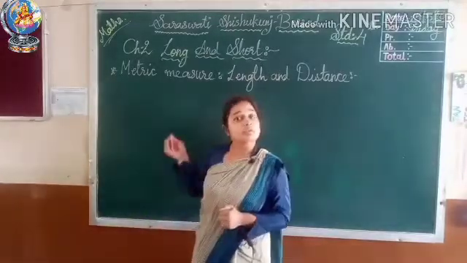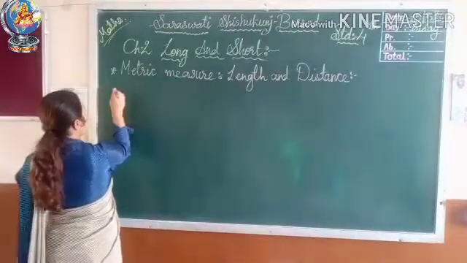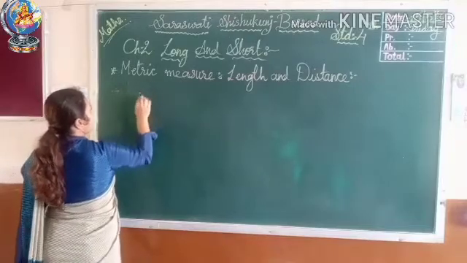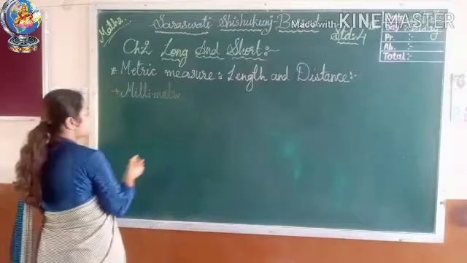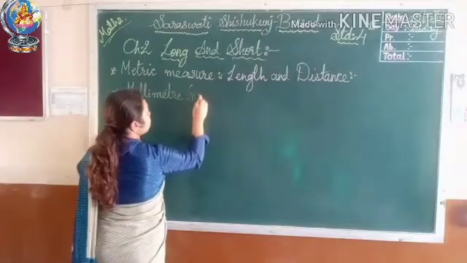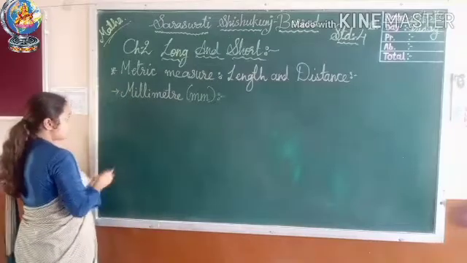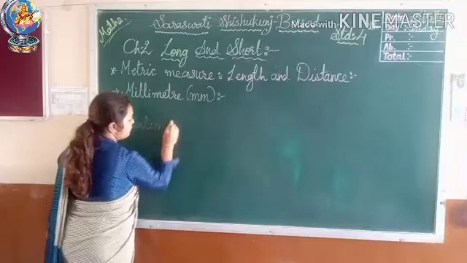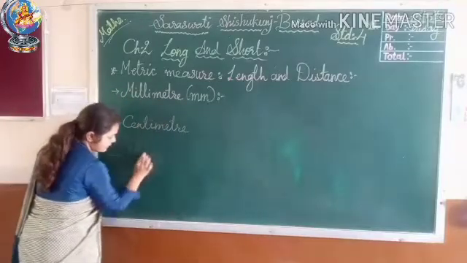In length there are 4 units we had already learned. The first unit is millimeter. The second one we learned was centimeter. Another is meter.